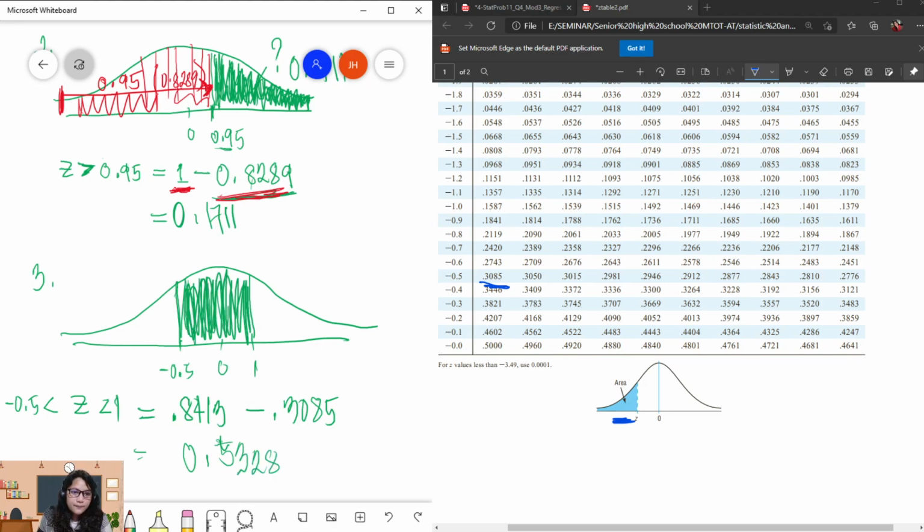So this is the area. Again, remember, why did we subtract? Because from left to right, this one, this is the area of 0.5, and this area is from 1. So that's why we subtract the area of 1, which is 0.8413, and 0.5 is 0.3085.